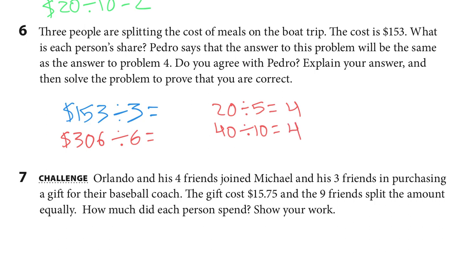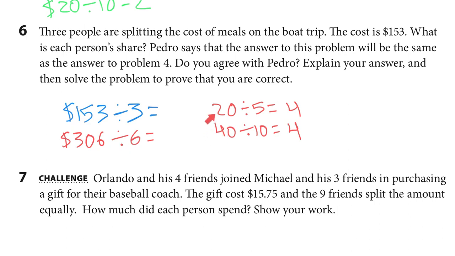So it looks like if you do the same operation, in this case it's double, and you do it to both numbers, you will get the same answer. Now you have to be careful. You have to make sure it's multiply or divide. We don't want to mess with addition or subtraction, okay? So if this is times 2, that's great.